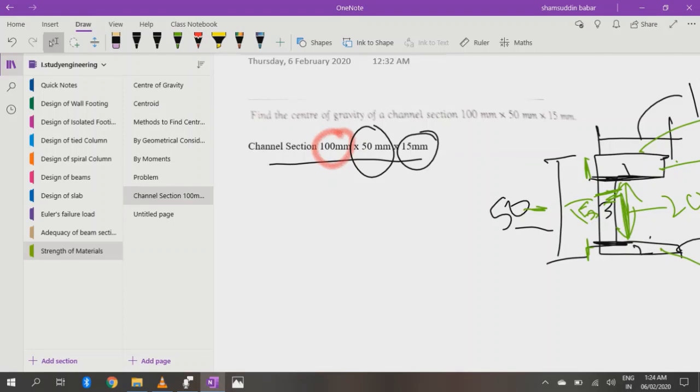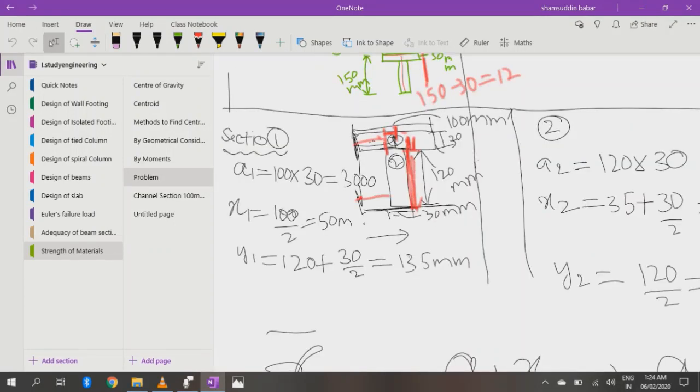Especially I have taught you how to draw a channel section and a T section. There's a complete procedure. If you have watched all the parts, center of gravity 1, 2, 3 and this part 4, you are completely aware of the whole concept.